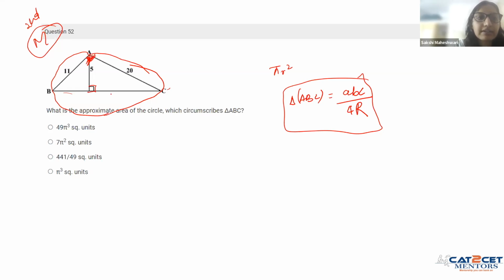See, this is a right angle triangle, so you can find out BC. So you'll have the area of triangle ABC. Since this is 5, you can find this out. This will be under root of 121 minus 25, and this will be 400 minus 25.